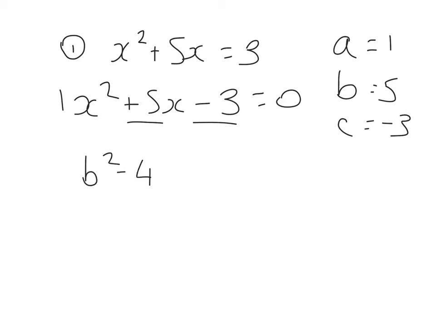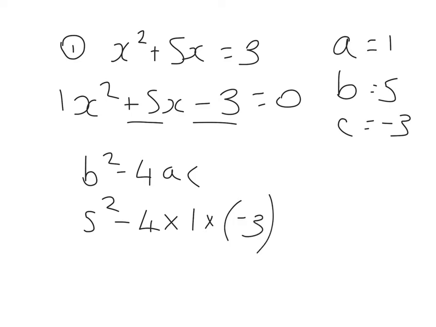b squared minus 4ac is going to be 5 squared minus 4 times 1 times minus 3. 5 squared is 25. Just be careful: minus 4 times 1 is minus 4, times minus 3 is plus 12.